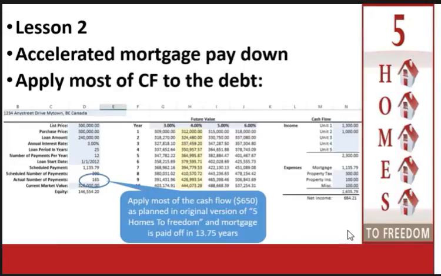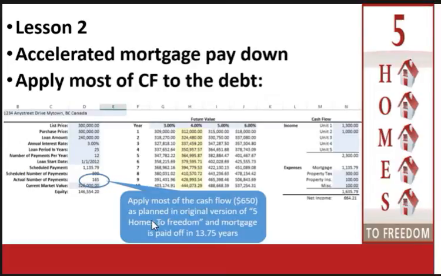So, in order to accelerate the mortgage paydown, what we teach in the 5 Homes to Freedom program, especially in version 1 of the program, is that we would apply most, if not all, of that $664. So in this case, we took $650 of it, and we applied it to the mortgage paydown. We accelerated the paydown.